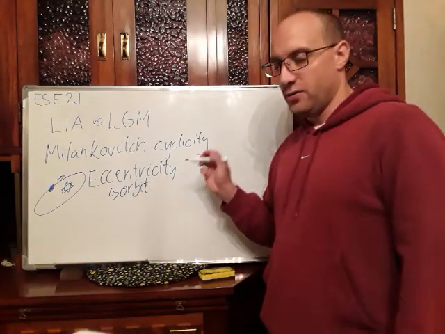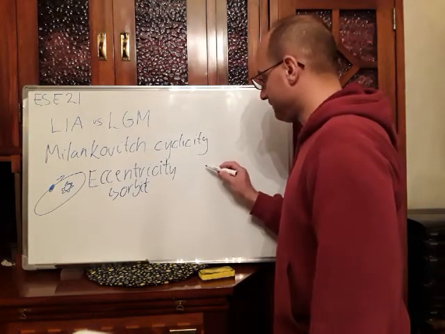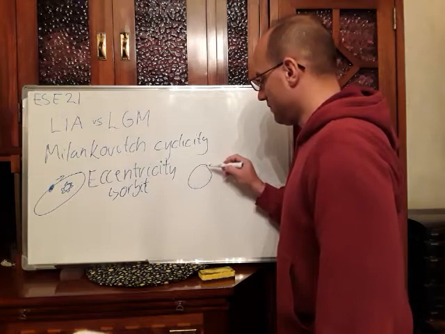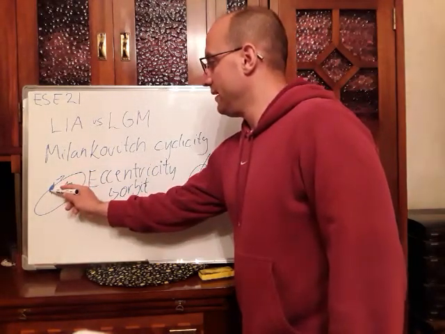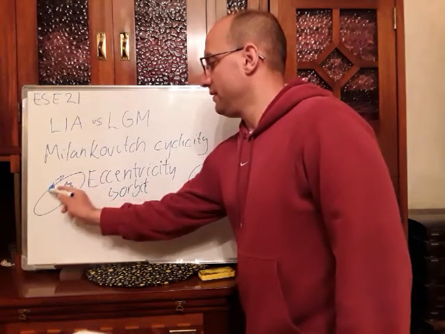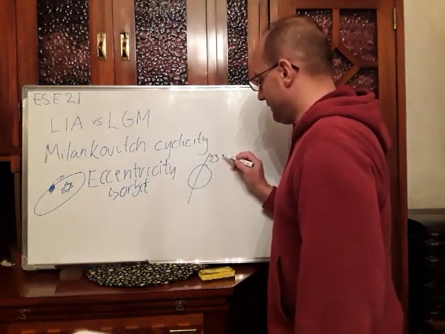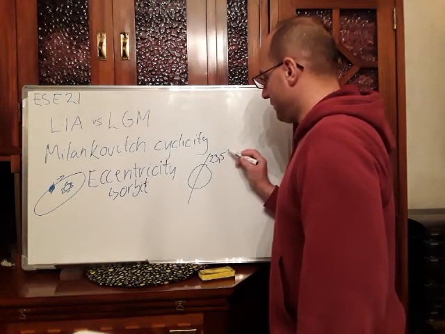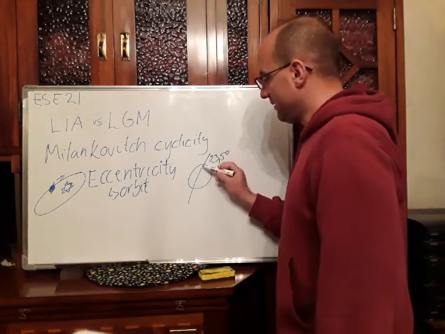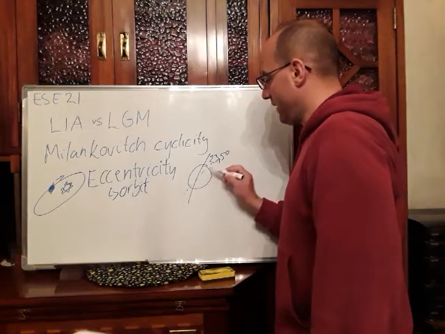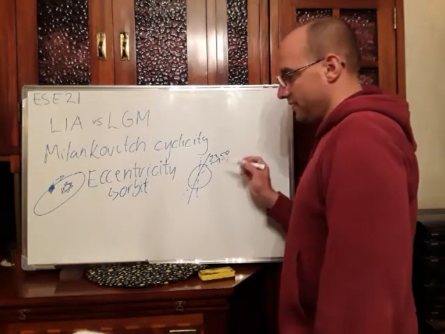Also, there will be a component here which is about really the tilt. So how the axis of the planet relates to this orbit. And here we said that currently it's around 23.5 degrees, but this has been changing in time. So depending on whether this is a higher or a lower value, this can be different.